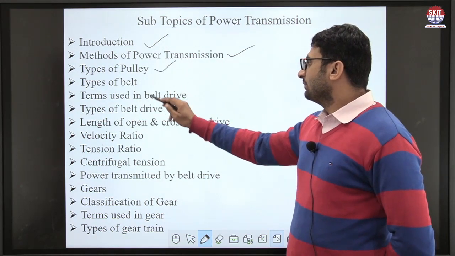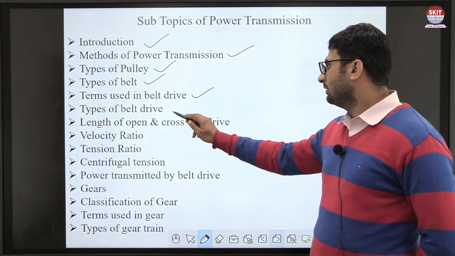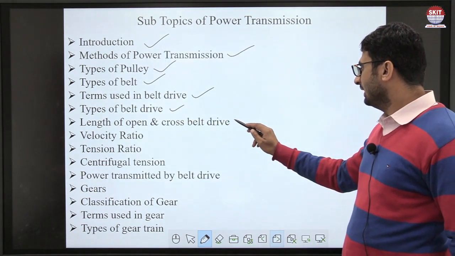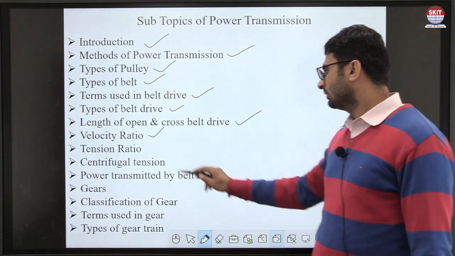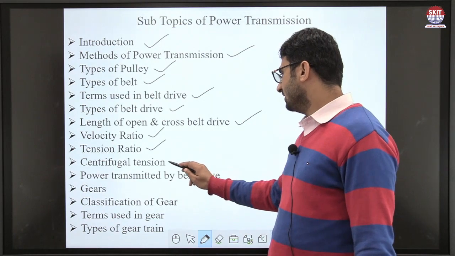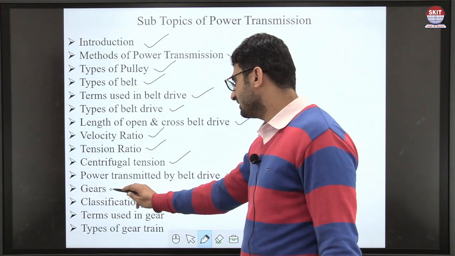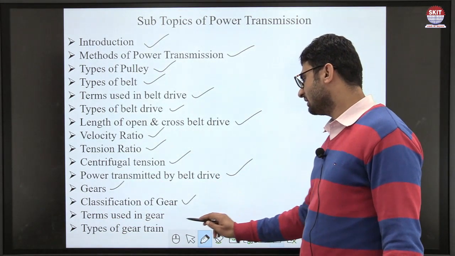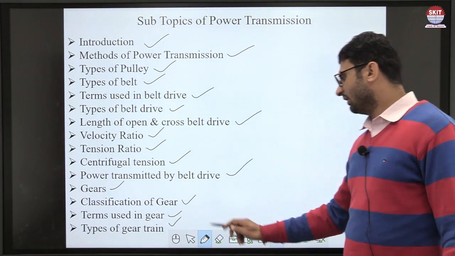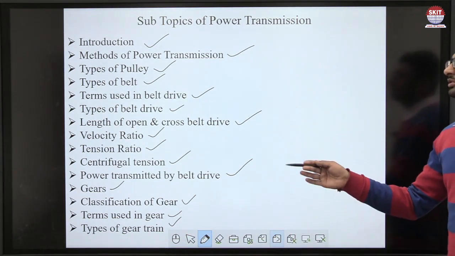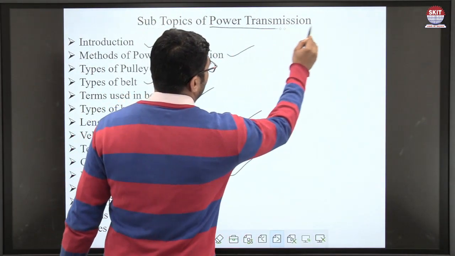Types of pulley, types of belt, terms used in belt drive, types of belt drive, length of open and cross belt drive, velocity ratio, tension ratio, centrifugal tension, power transmitted by belt drive, gears, classification of gear, terms used in gear, types of gear train. These are all the subtopics covered in this power transmission topic.